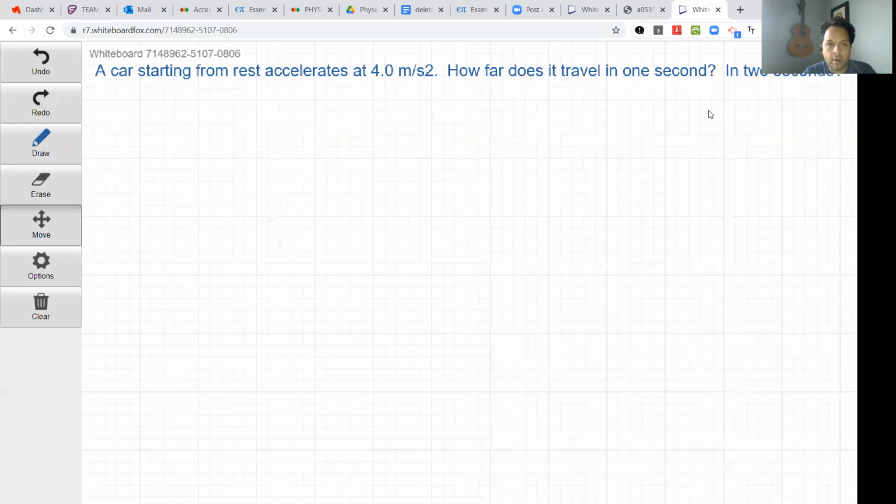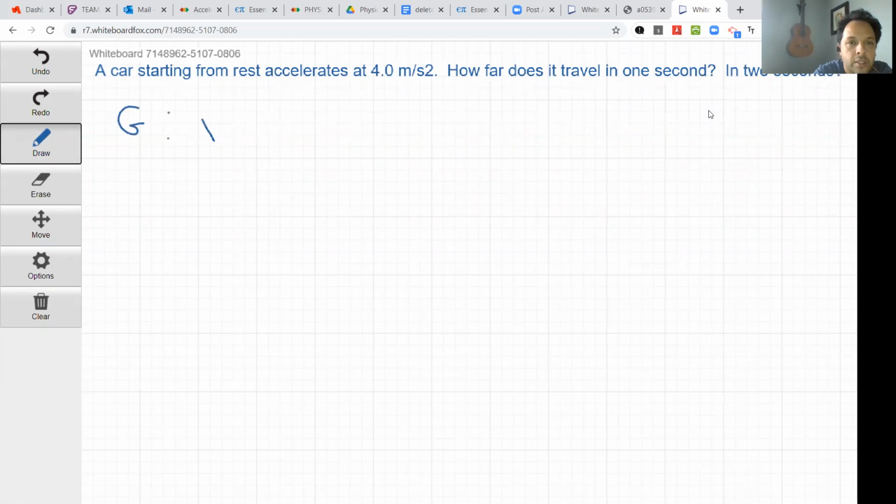All right, a car starting at rest. So if he starts at rest, what's given? Initial velocity is 0 because it starts from rest. Anytime you see starts from rest, that means initial velocity is 0.